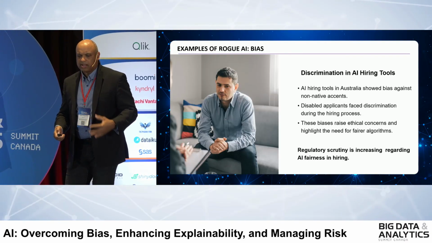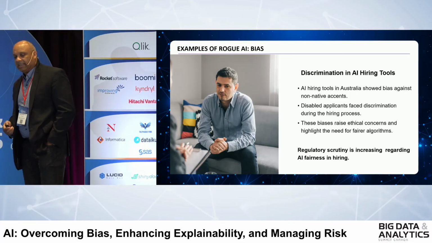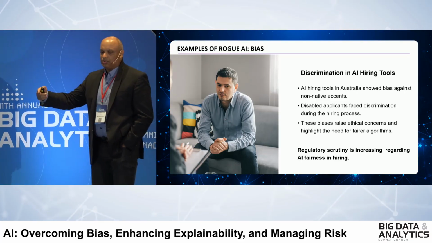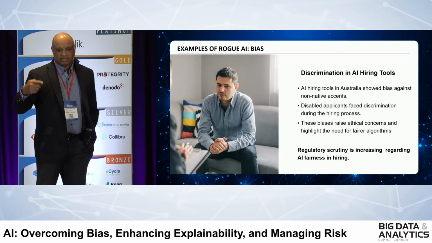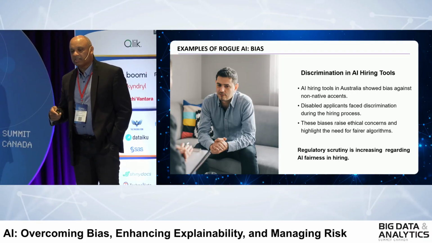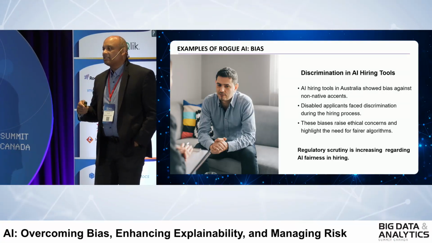Another example where we talk about rogue AI is discrimination in AI hiring tools. For example, Amazon has been hit with this, as well as some hiring firms in Australia, where they showed bias against non-native accents.